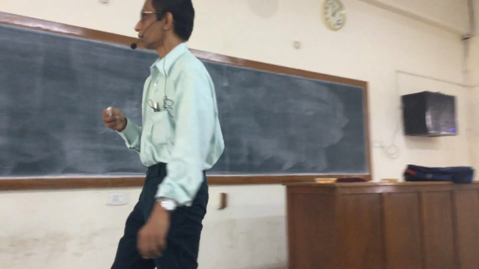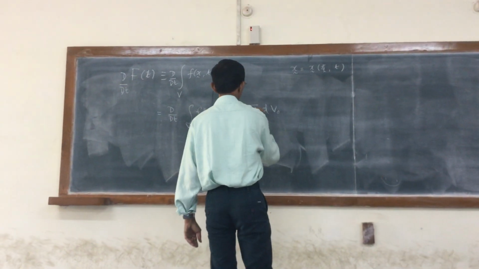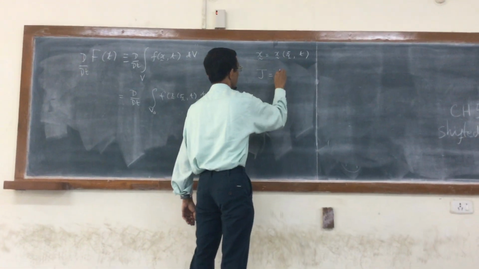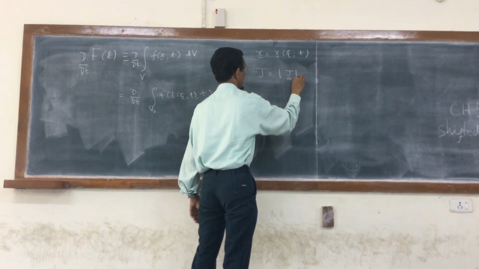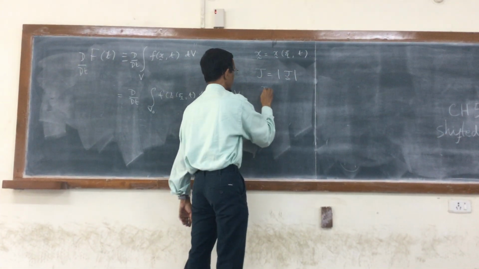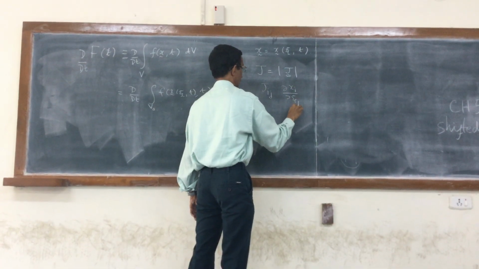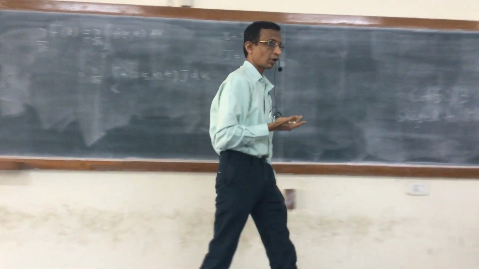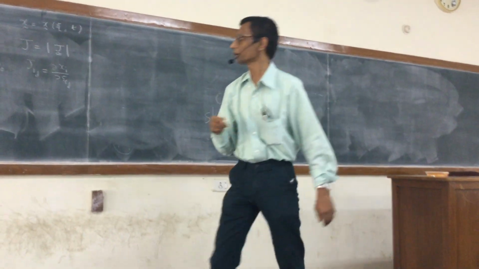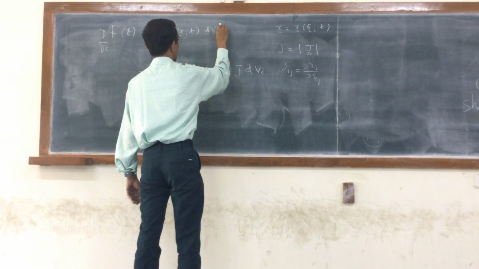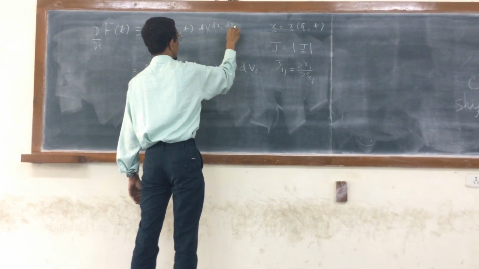Right? So the Jacobian that would come in here is the determinant of the Jacobian matrix, which is defined as that formula, because it is integrated, you are converting an integral over v, which is actually dx1, dx2, dx3.